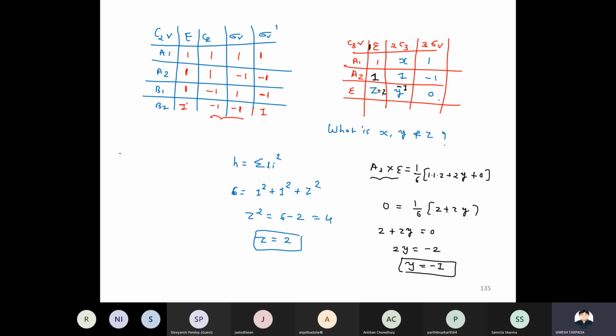Now similar way you can go for A1 and A2 are orthogonal with respect to each other. So you can get x, you can calculate value x.